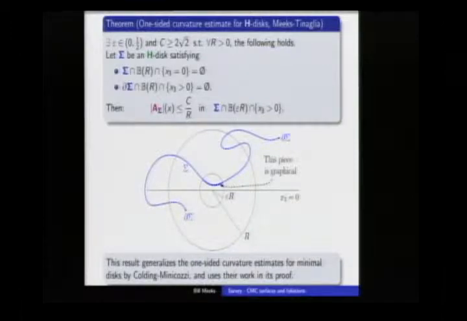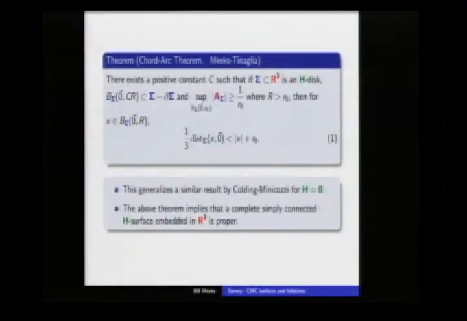So it has to look graphical when it approaches the plane. And the other thing is the actual genuine chord arc property, which says if you have an H disk, think of the H disk as being at the origin, and you have points on it that are very, very far from the boundary.